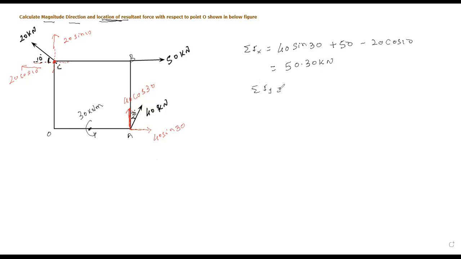Similarly, we are going to calculate sigma Fy: plus 40 cos 30 plus 20 sin 10.